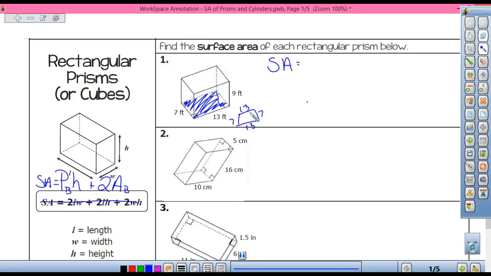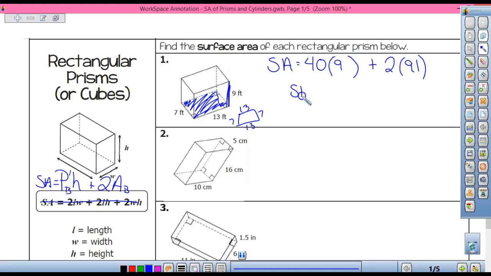I believe it's 40, because 13 plus 7 gives us 20, and we've got 2 of those, right? So, perimeter of my base times, what is my height? 9, because that is the distance between my two bases. Plus 2 times, what's the area of my base? 91, because how do we find the area of a rectangle? Just base times height, so just 7 times 13.